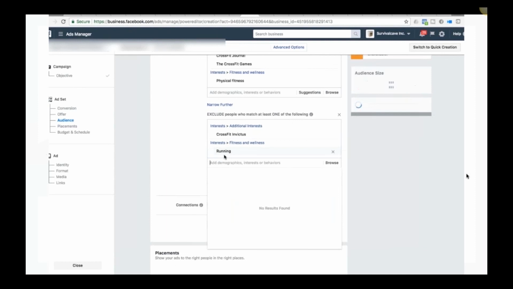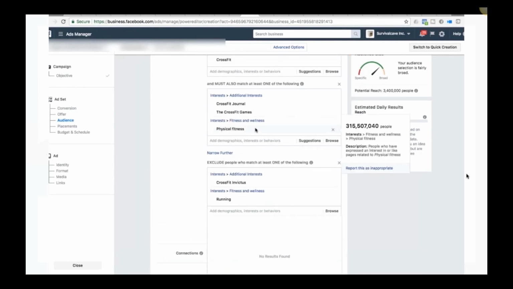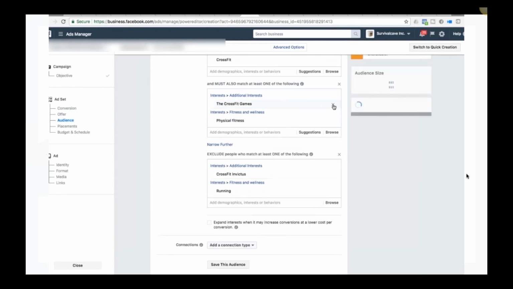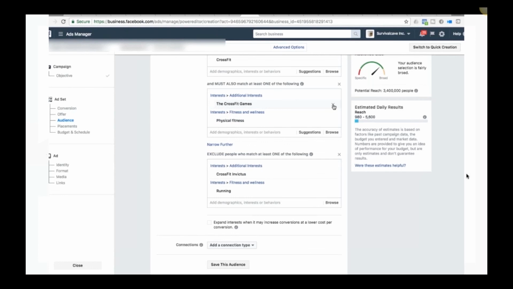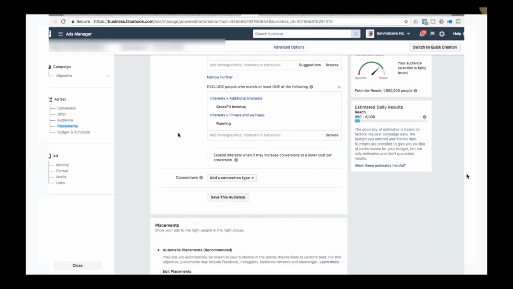So anybody who's into running, we don't want that, cut our audience in half here. And I want to narrow this down a touch more. So I'm going to say just the CrossFit Games, physical fitness, and I'm just going to put CrossFit Games. I really want to narrow this down, okay? So now I'm down to 1.5 million people, which is exactly what I want to do. I'm shooting for 600,000 to 1.5 million people.